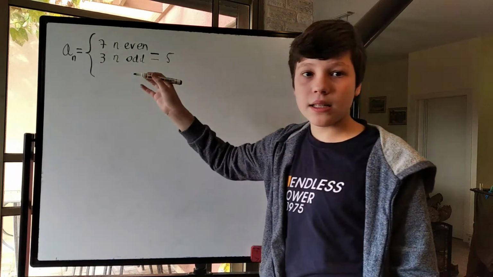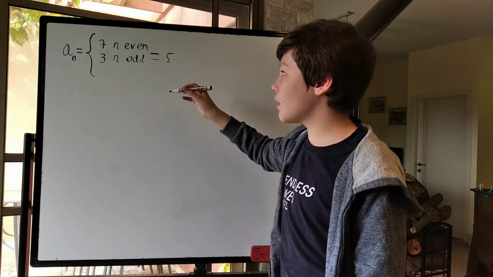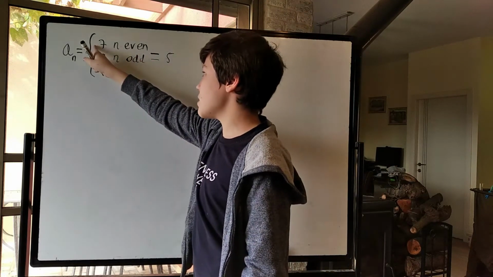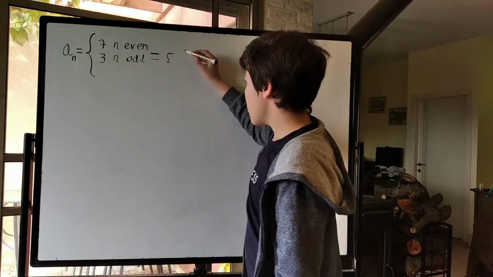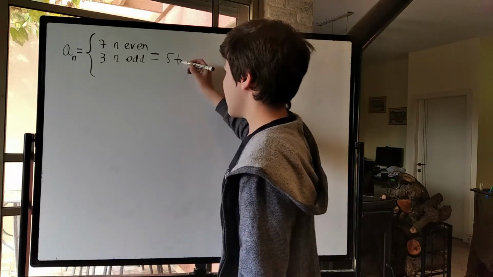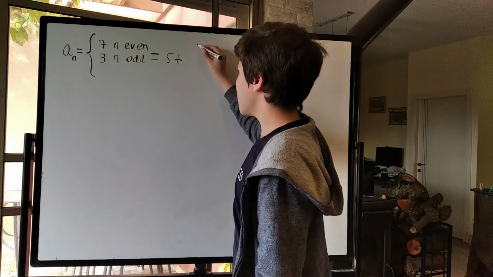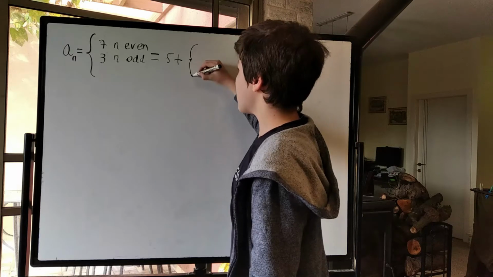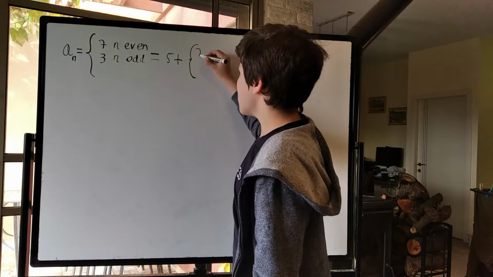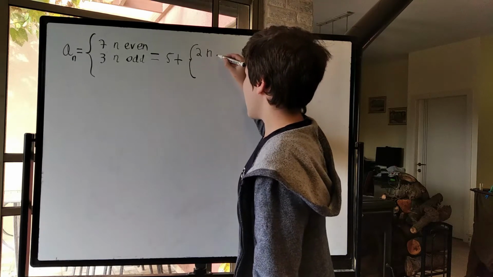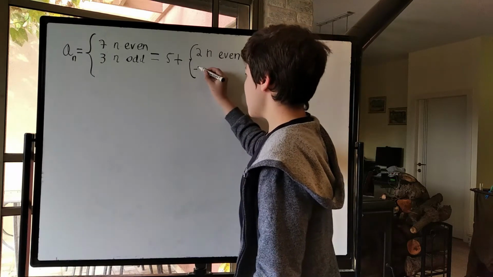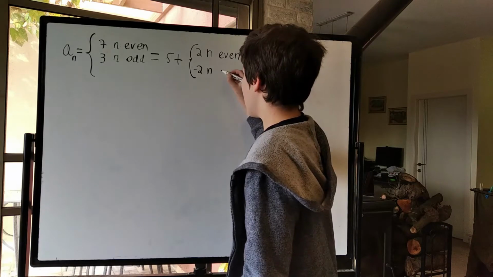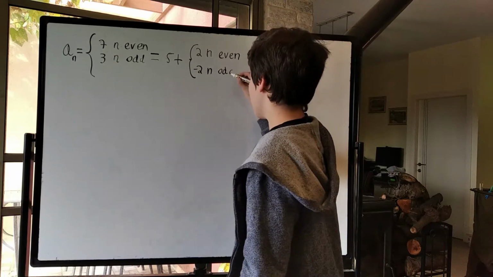Because in both cases, you will be subtracting 5 from this or from this, and whether n is even or odd doesn't matter. We can take a 5 out. And it's going to be 2 when n is even, and negative 2 when n is odd.